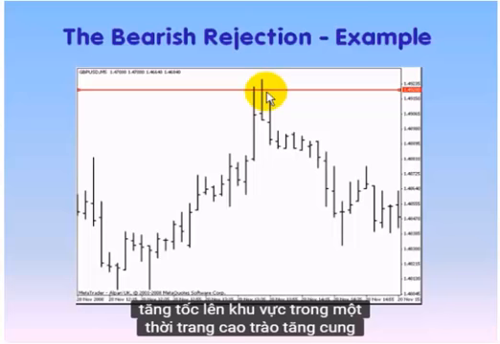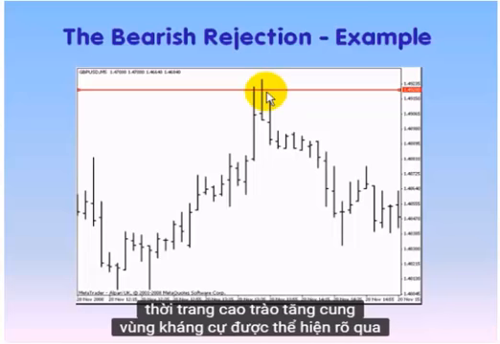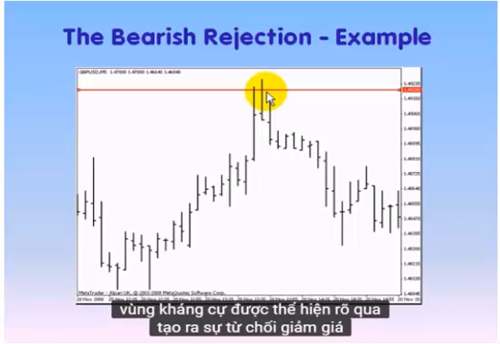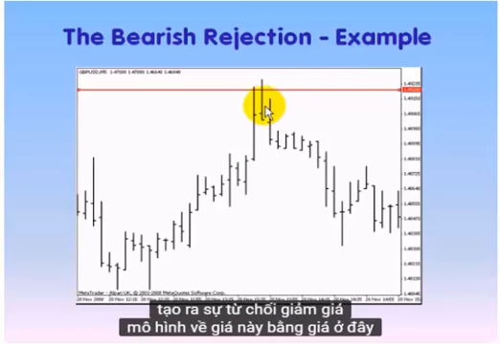Increased supply at the resistance area was evident through creation of the bearish rejection pattern on this price bar here.